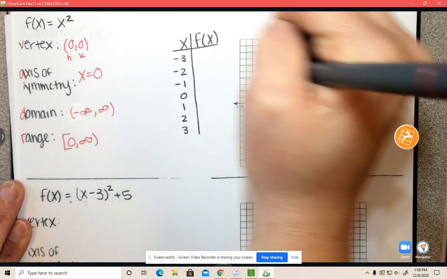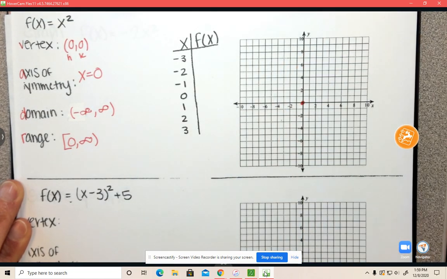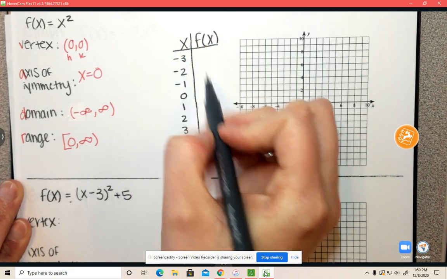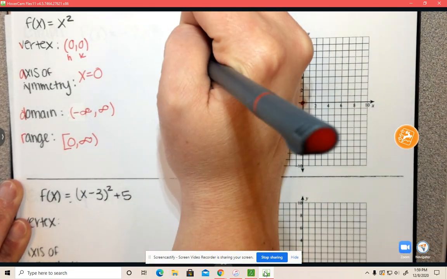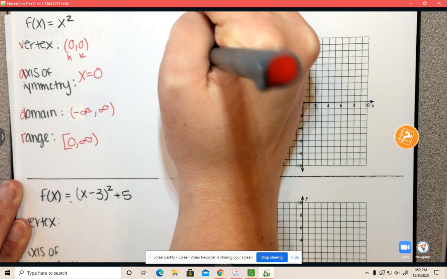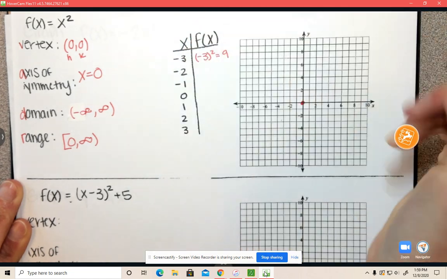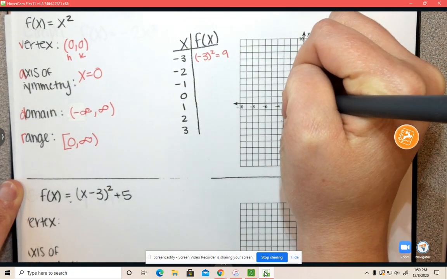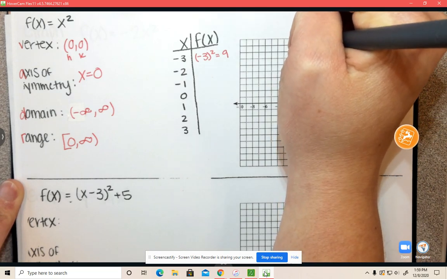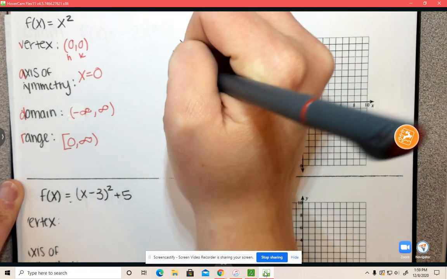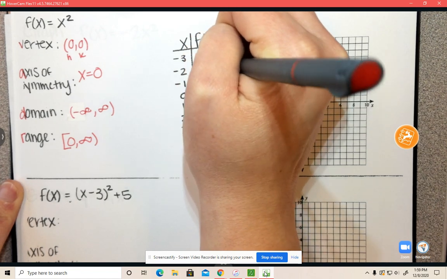We can plot the vertex on the graph, and let's see what the values will be. If we plug in -3, that's -3 squared, which is 9. So -3, 9. And then -2 squared is 4.